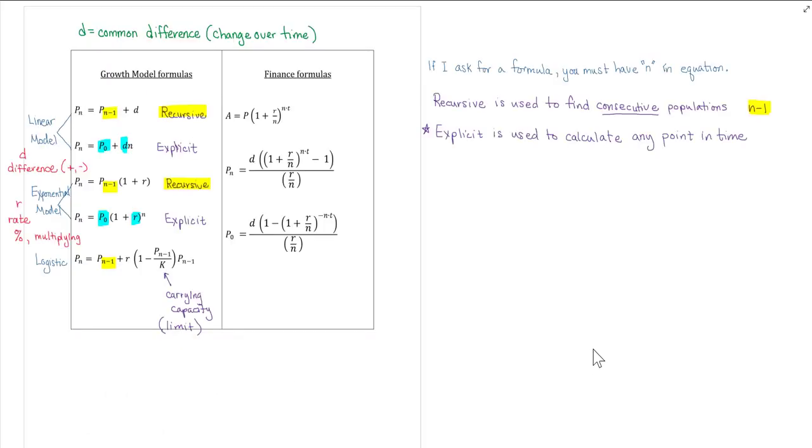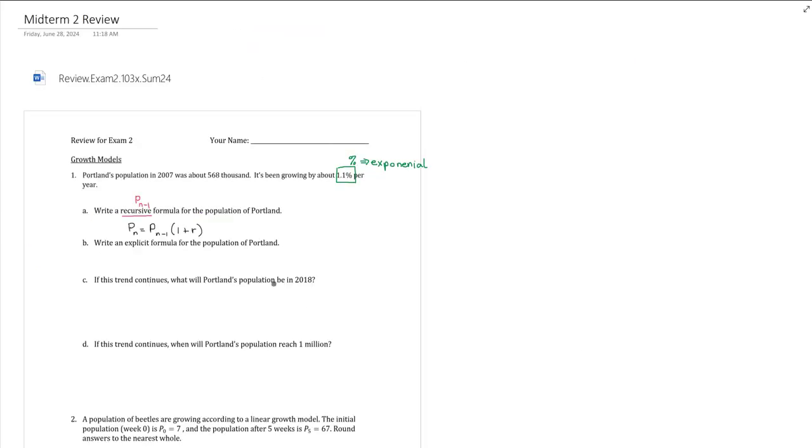I suggest when you get the test, you label your formulas so that you remember which ones are which. So the recursive exponential formula is going to be p sub n equals p sub n minus 1 multiplied by the quantity 1 plus r. Now the only thing I need to do is plug in my knowns.